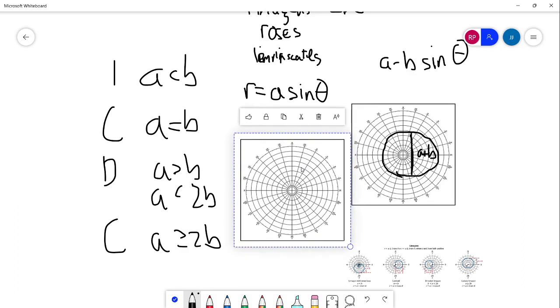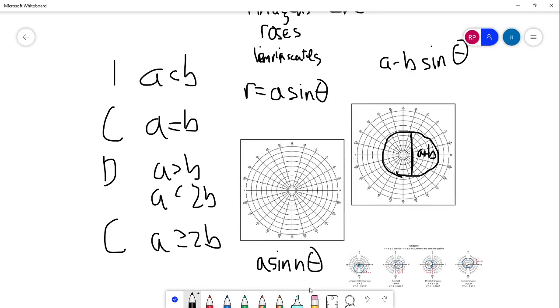Basically, since sine of pi over 2 gives you your maximum value, 1, you set n times theta equal to pi over 2, and so you divide pi over 2 by n. If n is odd, then the rose has n petals.